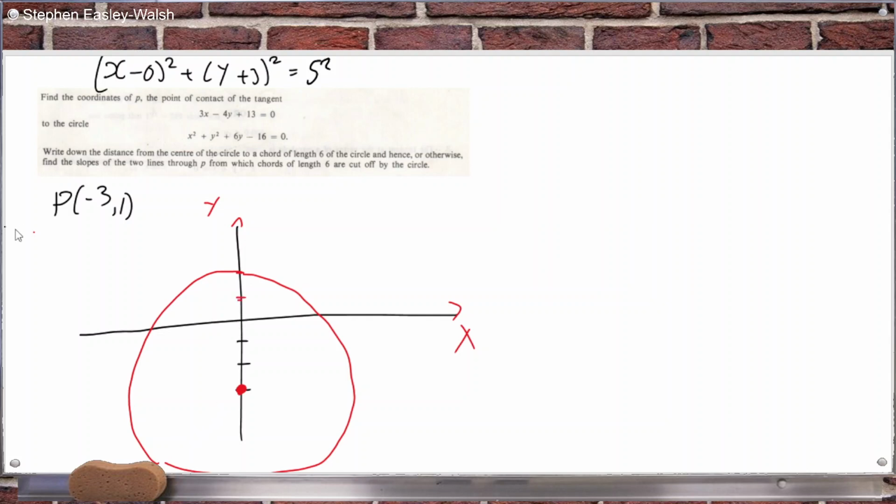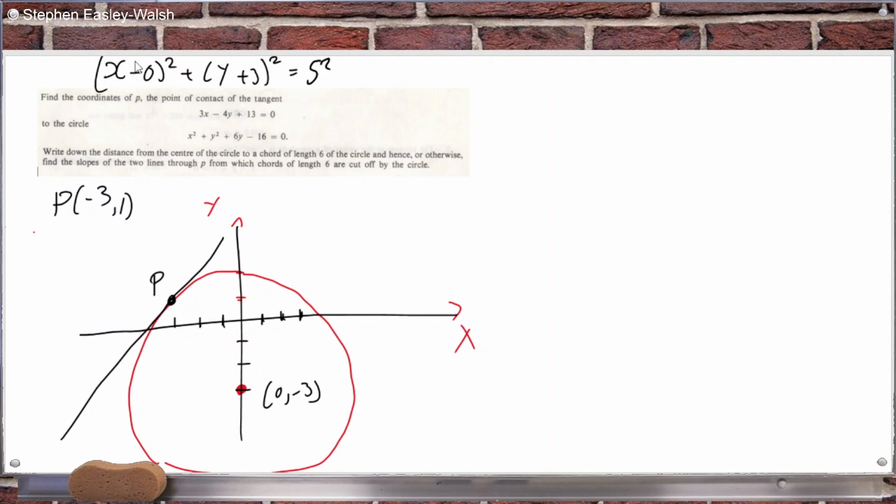And then our point, that must be minus 3 there. No, because there's minus 3, 1, so it's not really great. Yeah, so here at minus 3, 1 is our tangent. Okay, that's P. And this is the 0, minus 3.